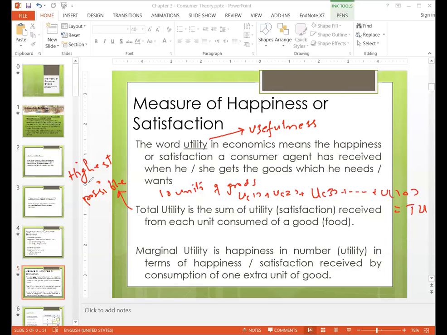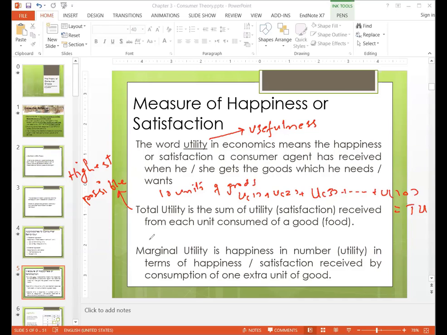Secondly, the next term is marginal utility. Marginal utility is the happiness, or utility in number, in terms of happiness received by consuming one extra unit of good.